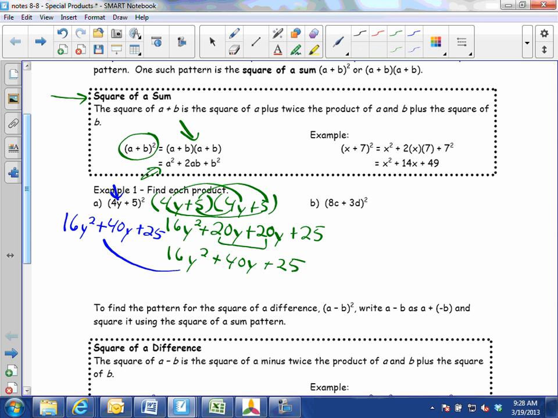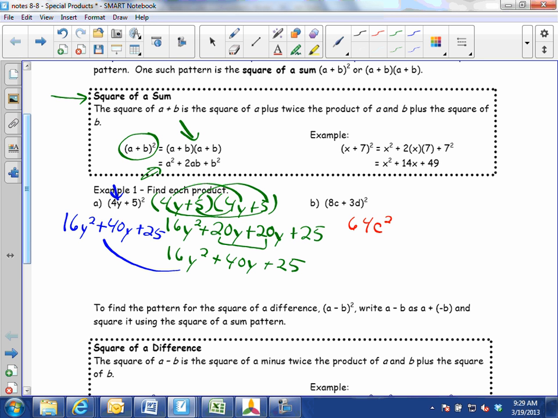So the pattern says, when I'm taking a binomial times itself, or squaring it, I'm going to square this first one. So what's 8c times 8c? 64c squared, so 8c times 8c, right? Okay, then what's the next thing in our pattern? Multiply them together.